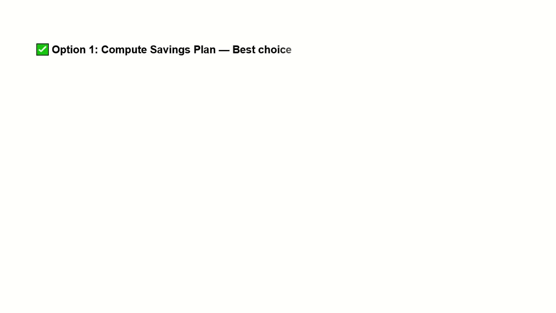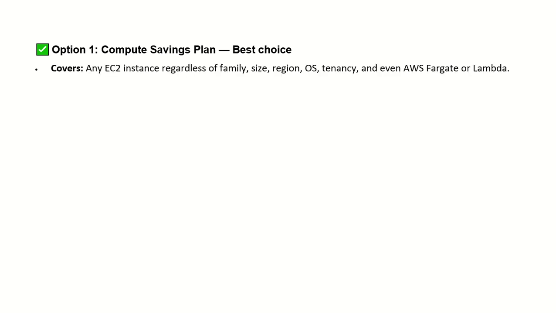Alright, so in this one the compute savings plan is the best choice. Why is it the best choice? It covers any EC2 instance regardless of family, size, region, OS, tenancy, and even AWS Fargate or Lambda. Its term is 1 or 3 years; you choose 3 for maximum savings.